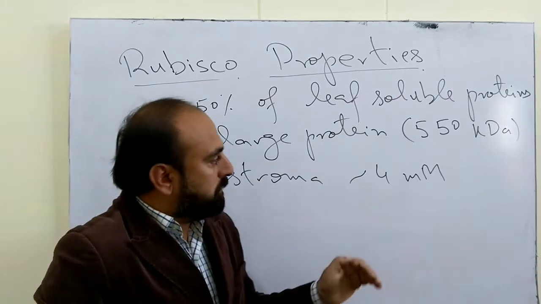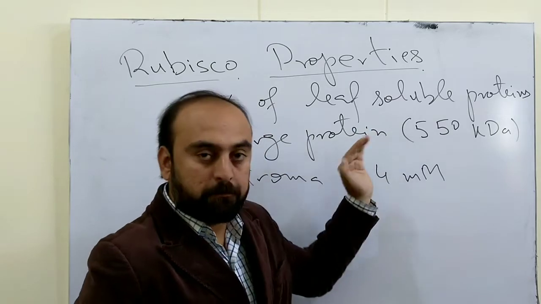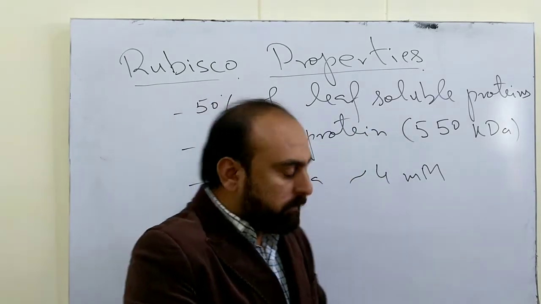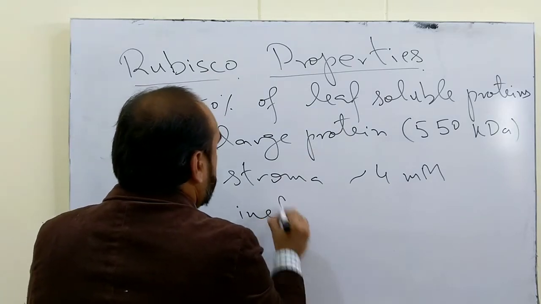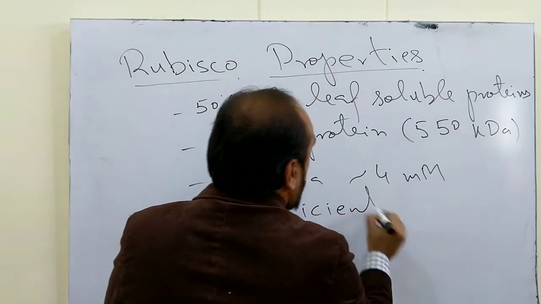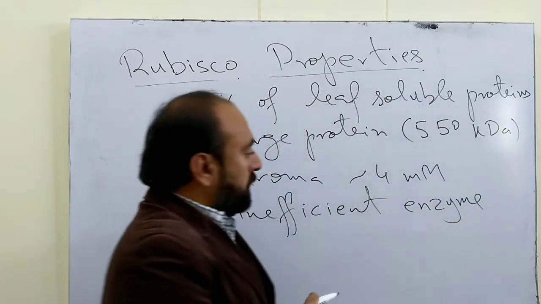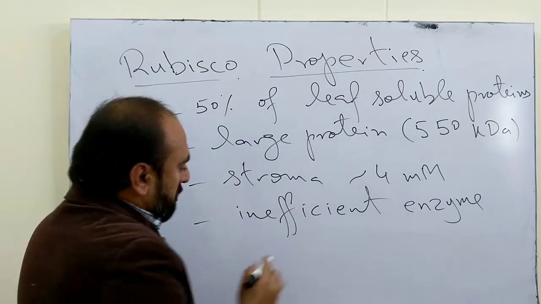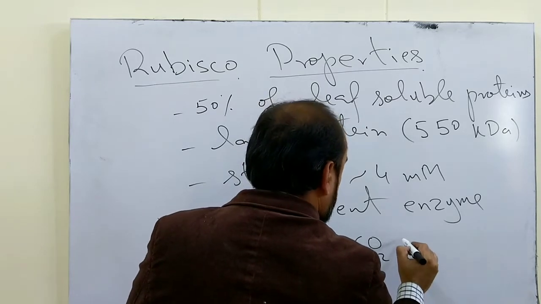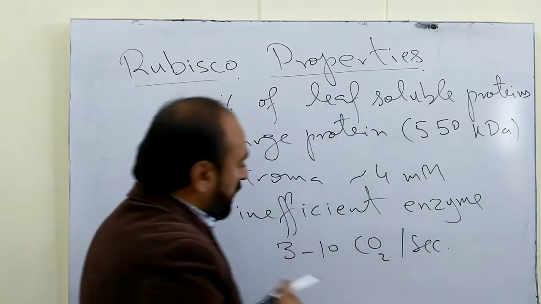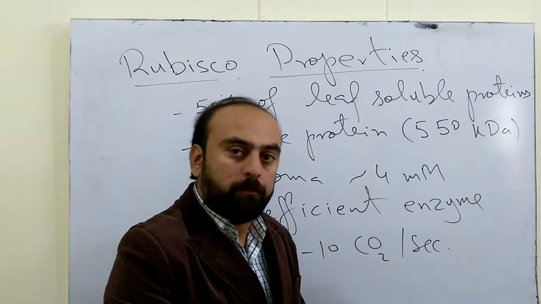Not only is this protein large, but it is also a highly inefficient, sluggish enzyme. It can fix 3 to 10 carbon dioxide molecules per second, and this catalytic activity is too slow.